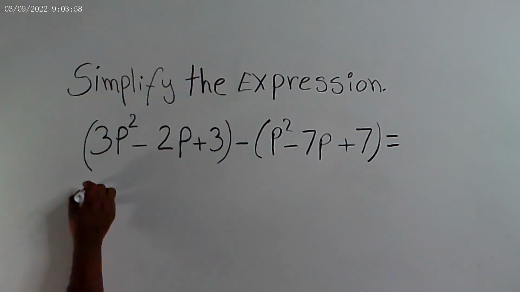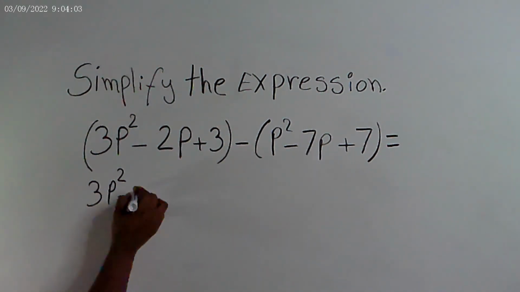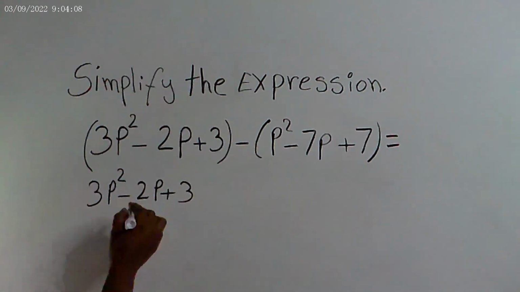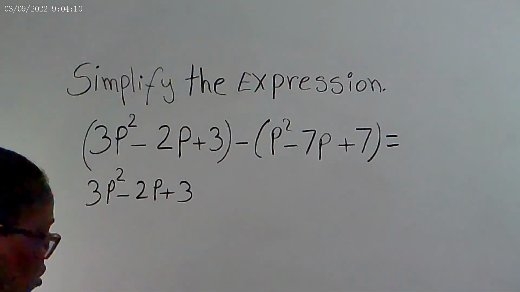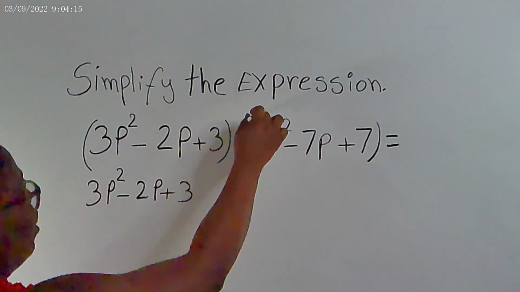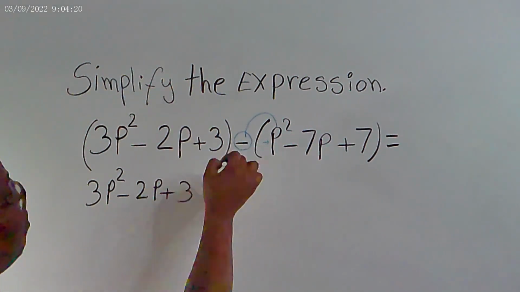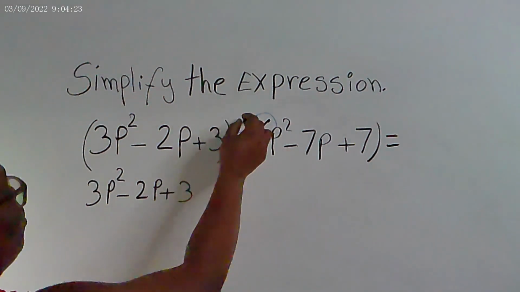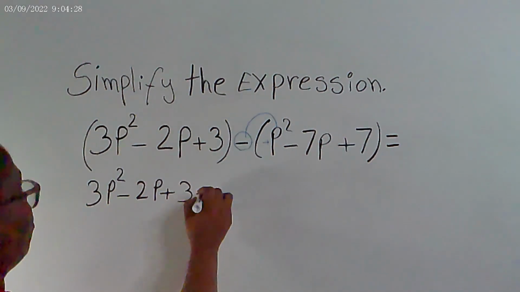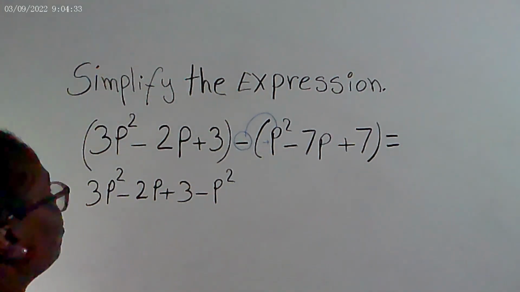So we're going to have 3p squared and the minus 2p and plus 3. So here, that minus is going to change the sign of this. Minus times p squared gives you a minus p squared, because minus times plus is a minus.